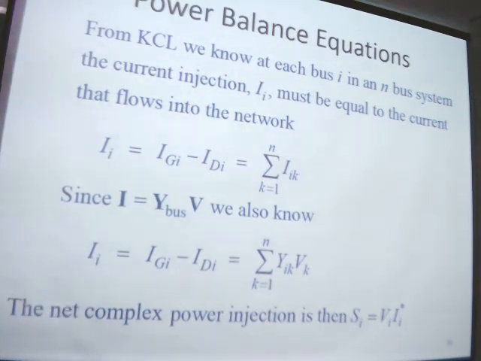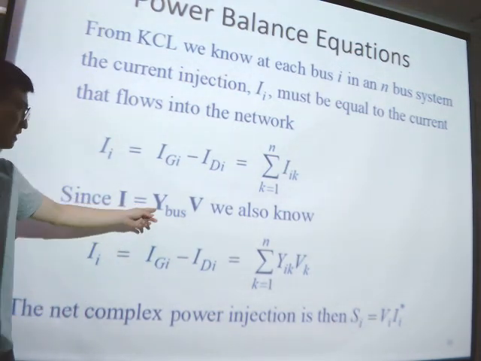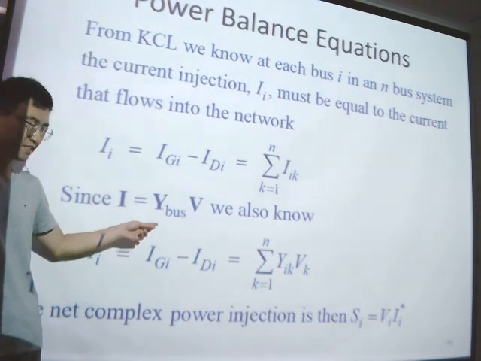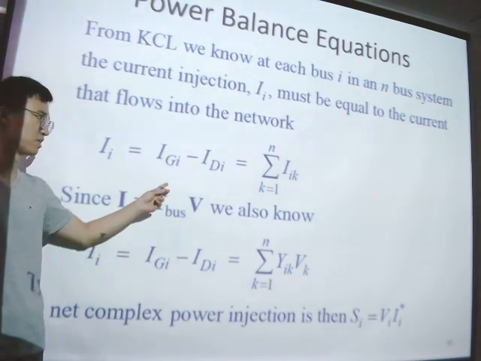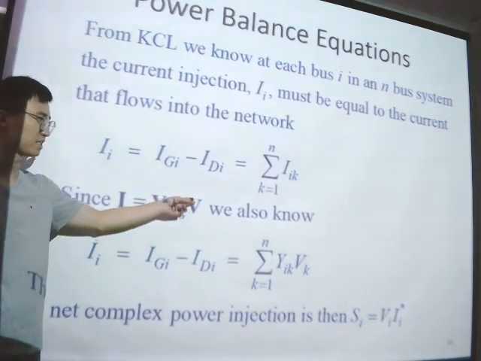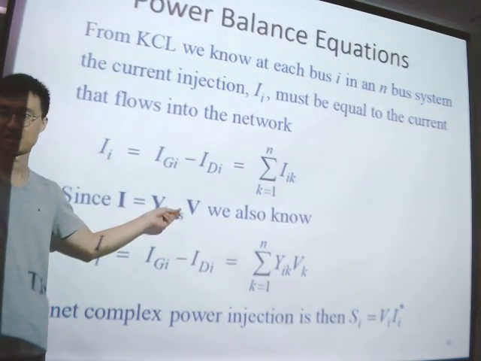So V and I. But in circuit theory, we just do it without complex values, like I equals V over Z, conductance and voltage. But here it is I equals YV, because Y is the inverse of Z, just like I is equal to V divided by the impedance Z, right?